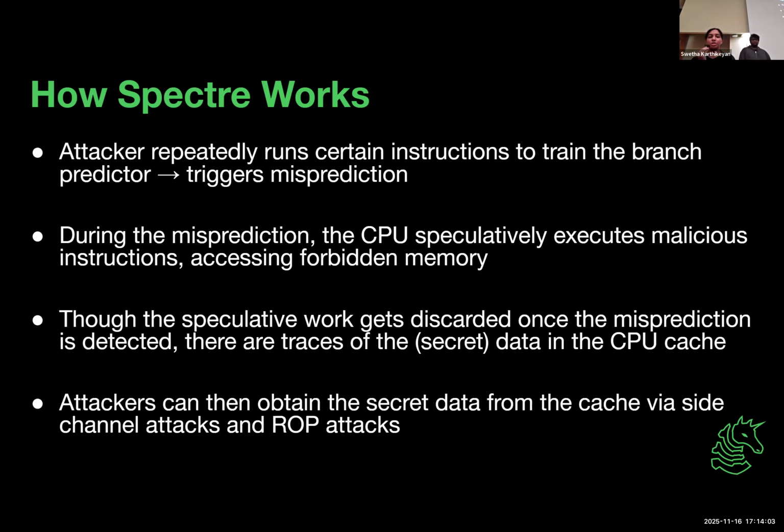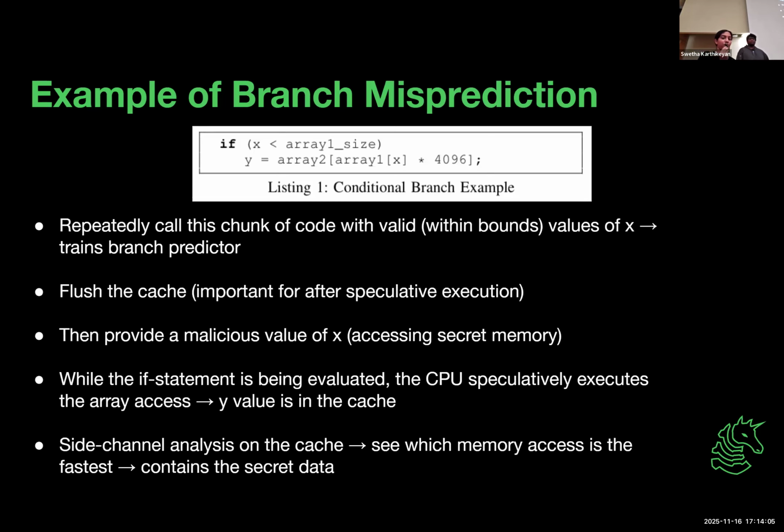To break this down into more detail, say we have this if statement. We have this check as to whether x is less than array1 size, and then we assign y equals array2, with the index being array1[x] times 4 kilobytes.